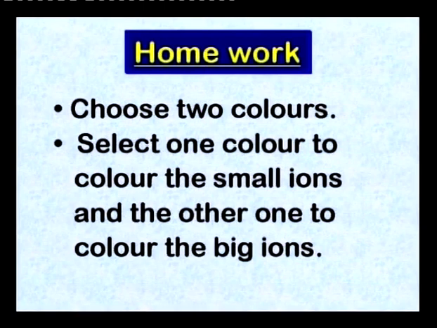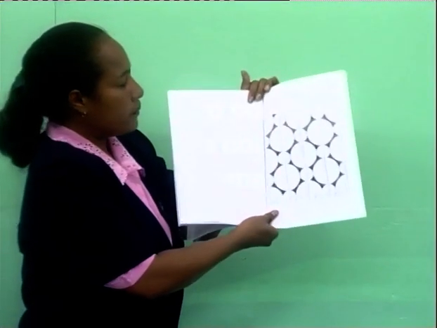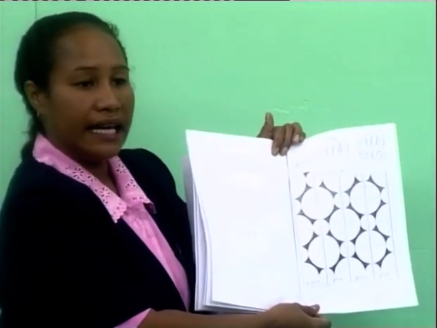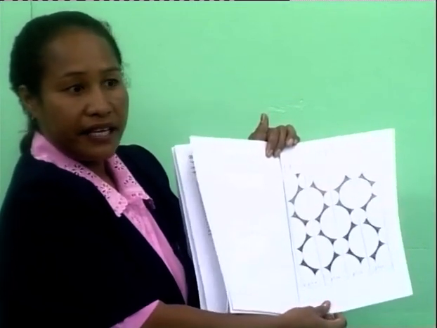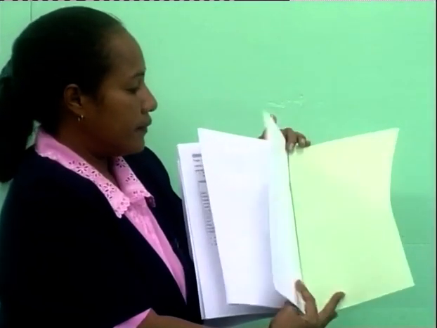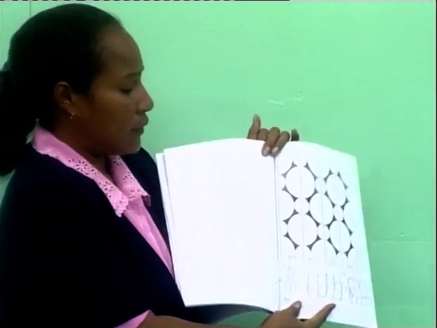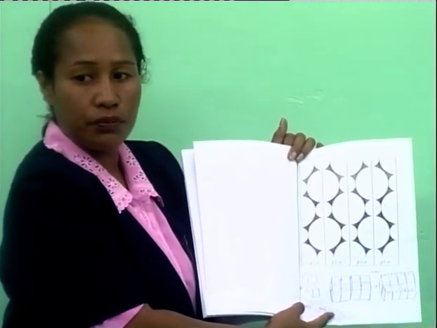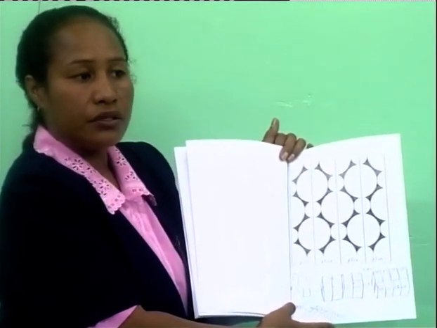Now class, your homework, at the back of your worksheet books, you will find something of this sort, or this picture here. You will have figure A and figure B. These 2 sheets are stapled onto your worksheet book.